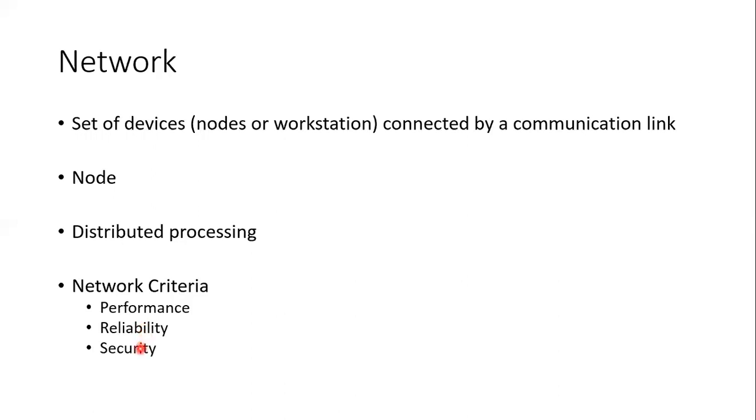Then security. The network security includes protecting the data from unauthorized access, protecting data from damage, and the development and implementation of policies and procedures for recovery from data losses.